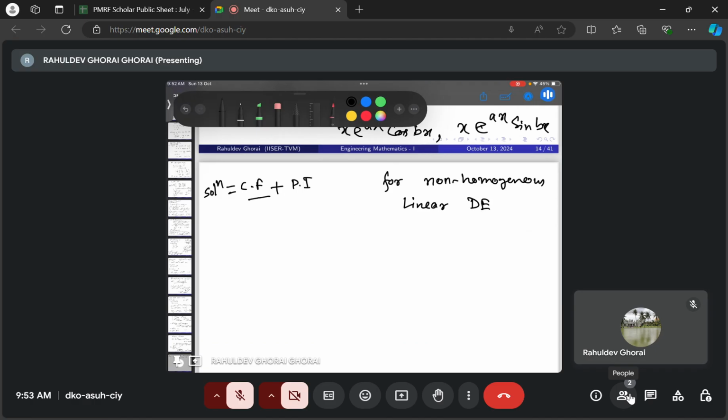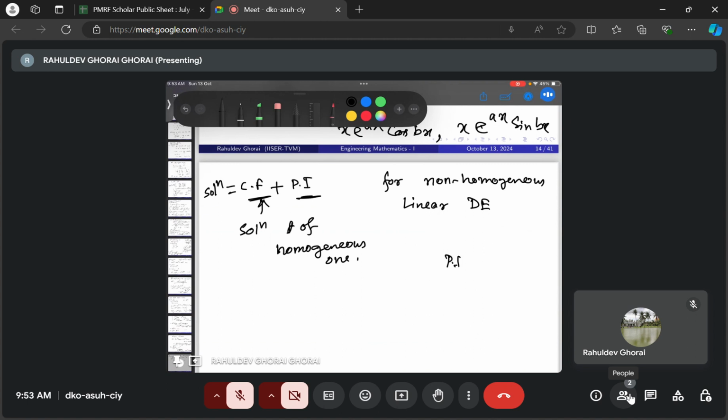Okay, and the CF is nothing but the solution of the homogeneous one. This will have arbitrary constants. So the complementary function will contain arbitrary constants, but the particular integral will not contain any constants. So it is one function only. The CF is a family of functions in that sense.